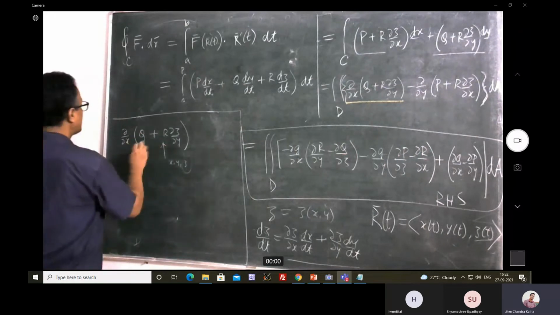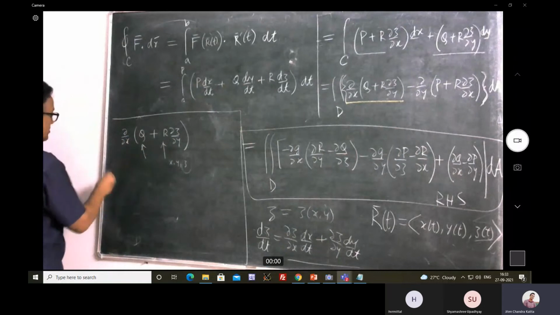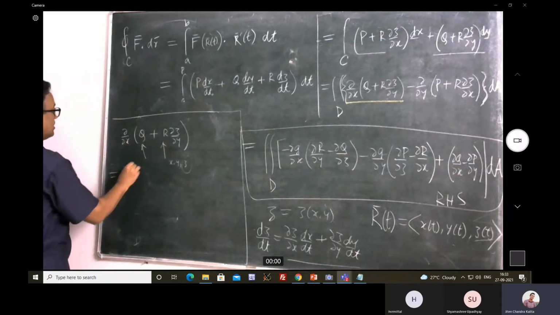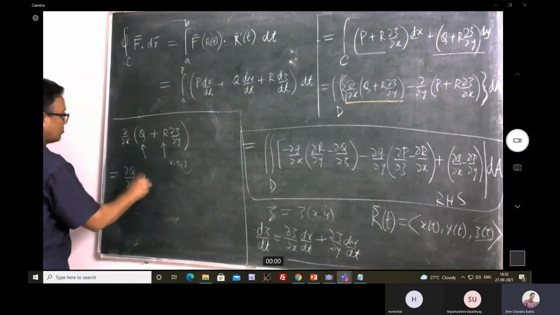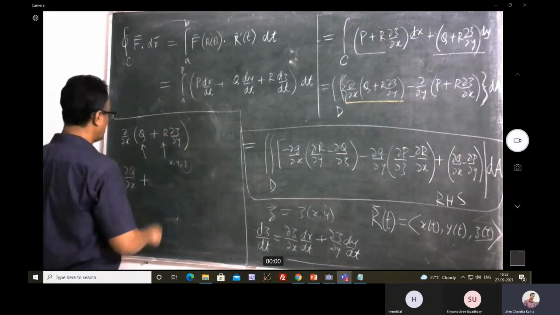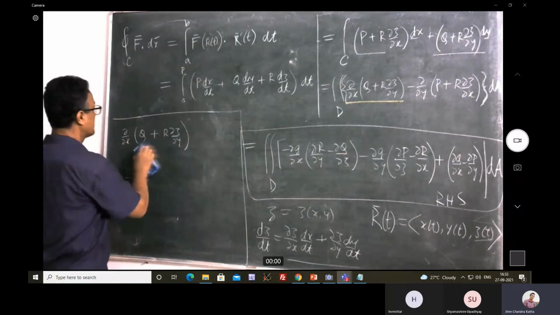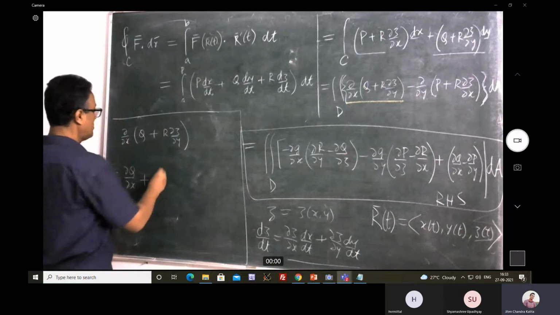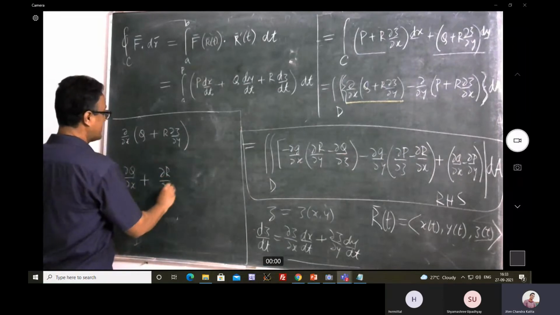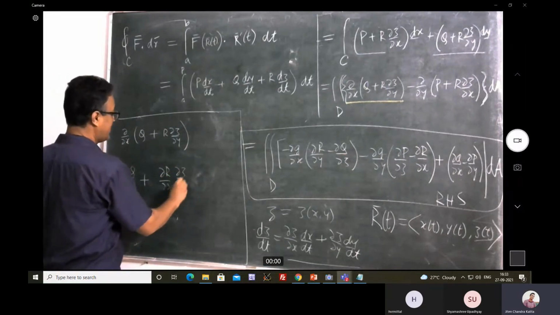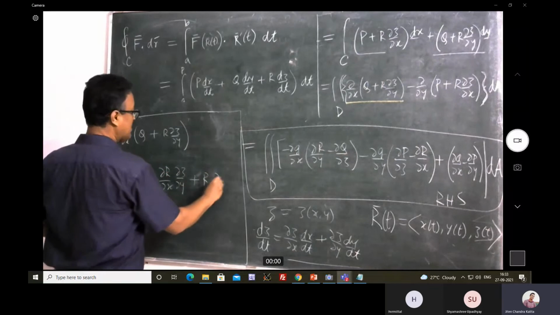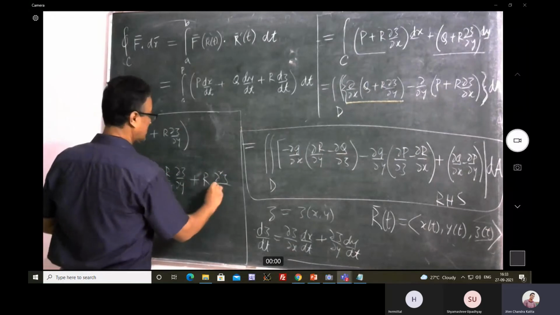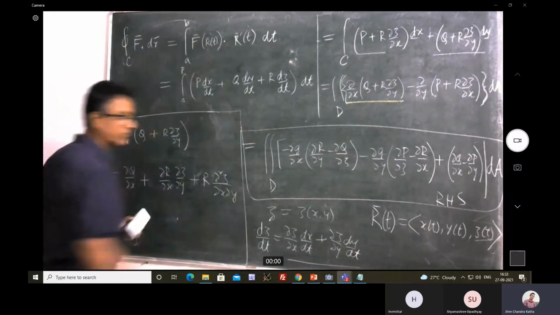So that is why this is going to be your del Q del x plus, and again this is product of two functions, it is going to be your del R del x del z del y, and then R del 2z del x del y.